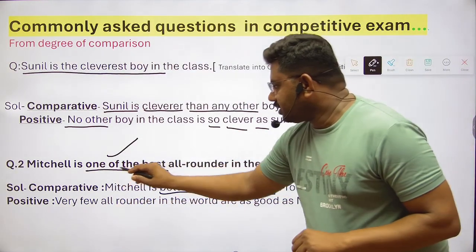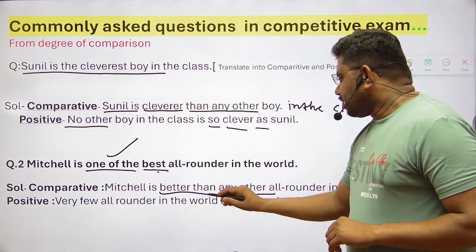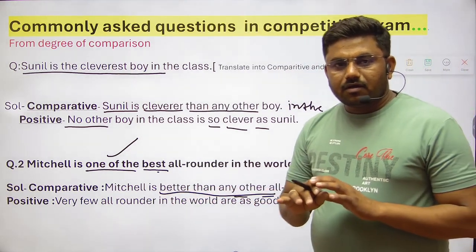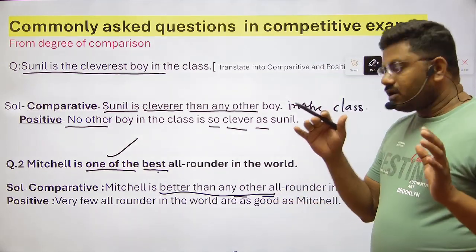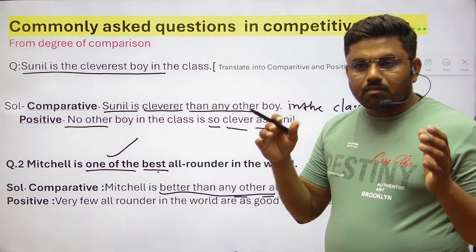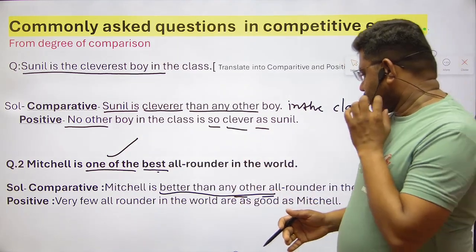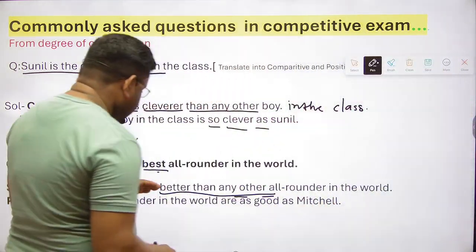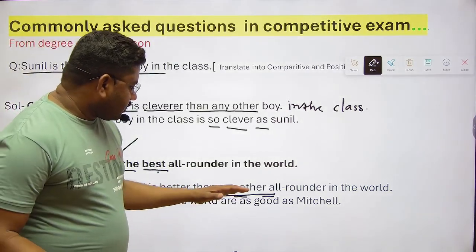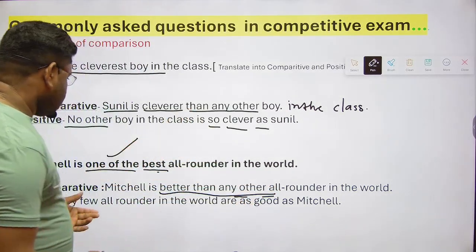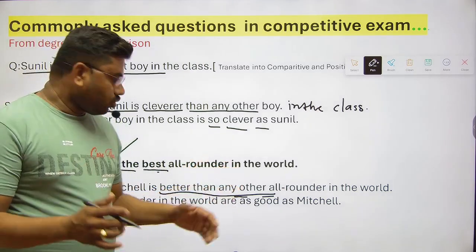Since "one of the" is there, we have to use "than many other" or "than most other".